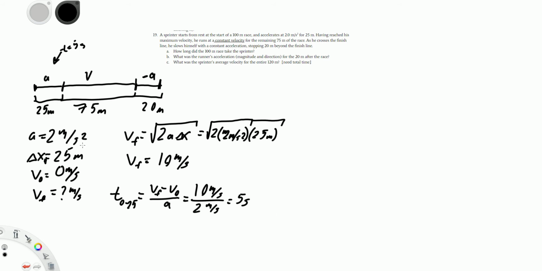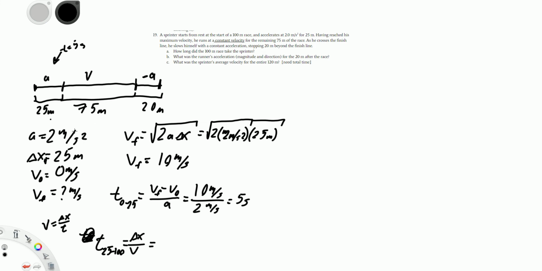All right, so we're not quite done. We've got to find the time for this second stage. Well, that second stage is just a constant velocity. So our v equals delta x over t holds true. So our t from 25 to 100 is just delta x divided by v.